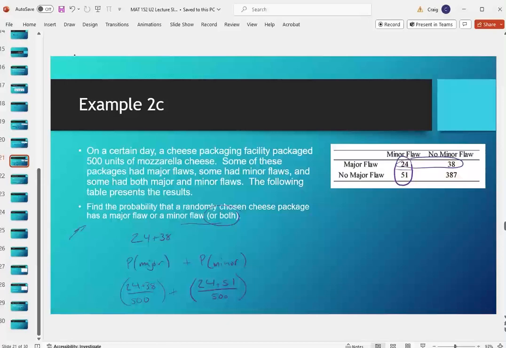We're only counting the ones that have one type of flaw, right? So either they have a major flaw, they have a minor flaw, or they have both. Which actually means that if we do it this way, we're counting the ones who have both twice. That 24 is in there twice.